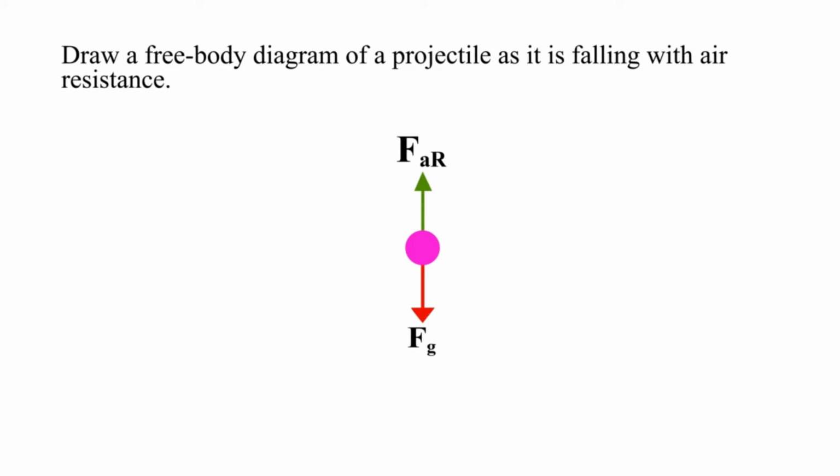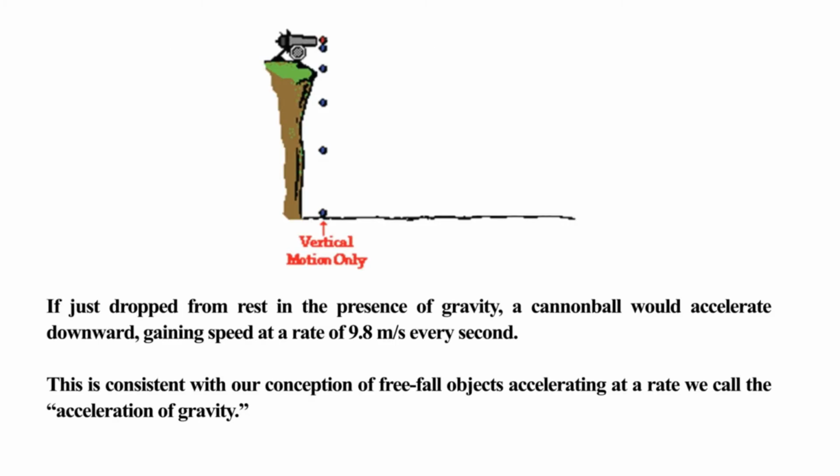Okay, let's look at this cannon that we have here and see what happens. If the ball is just dropped from rest in the presence of gravity, the cannonball would accelerate downwards, gaining speed at a rate of 9.8 meters per second every second.